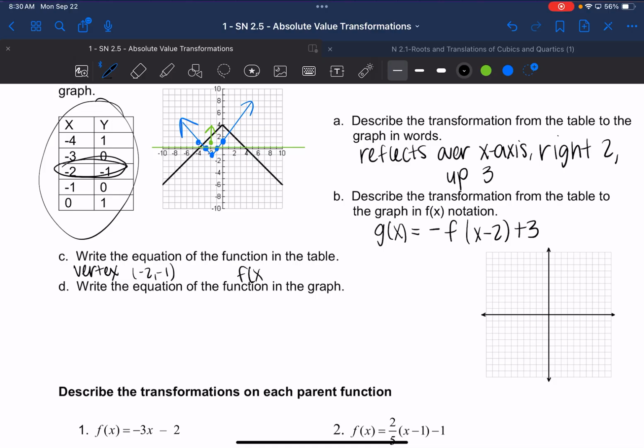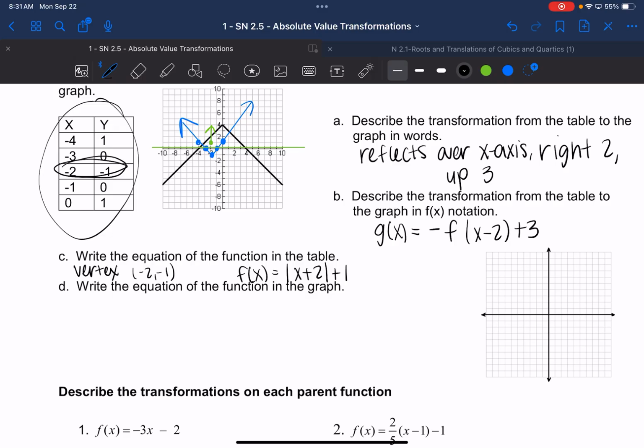F of x is equal to, now on the original we would assume that no changes have been made to a or b, right? Just some sort of a shift. So inside the absolute value we'd have our x plus 2 for the h. And then on the outside, we'd have a plus 1 for our k value, right?